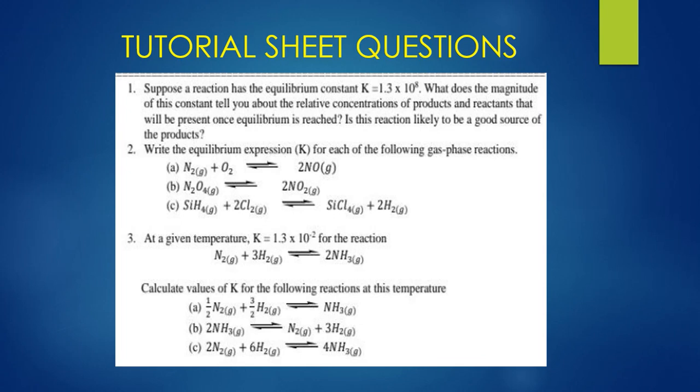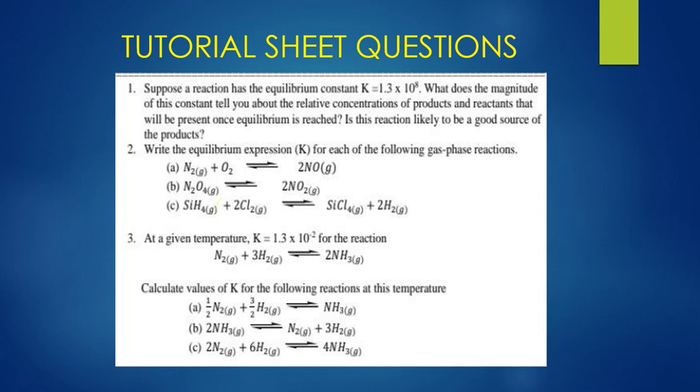Is this reaction likely to be a good source of products? I'm sure I talked about the magnitude. If your equilibrium constant is greater than 1 or less than 1, what does that mean? So you're going to answer this and then write the equilibrium expressions for each of the following gas phase reactions. I'm sure you can't fail to write your equilibrium expressions for these reactions.